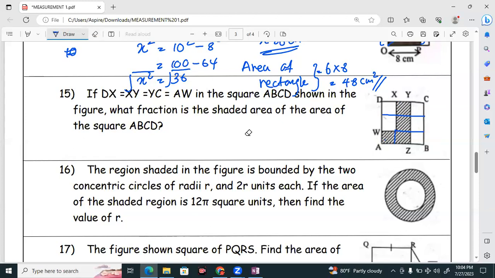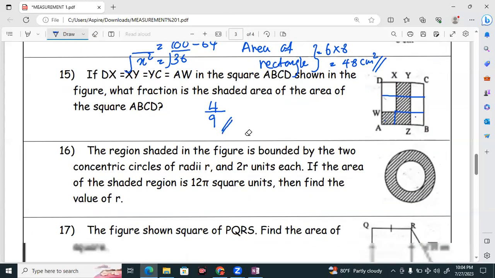Then out of 9, therefore the shaded area is equal to 4 upon 9.